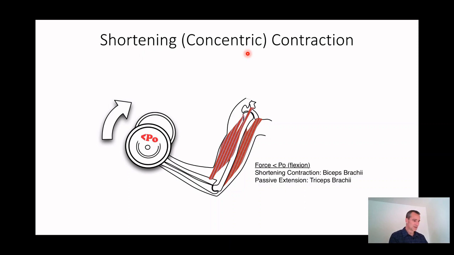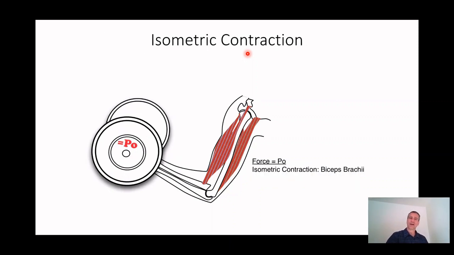The next type of contraction is if I keep increasing the weight, now I'm going to get to a point where I can not quite lift the weight anymore because the weight is exactly my maximum muscle strength. And so now the weight isn't moving, and this is what's called an isometric.